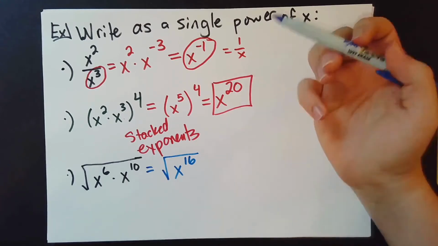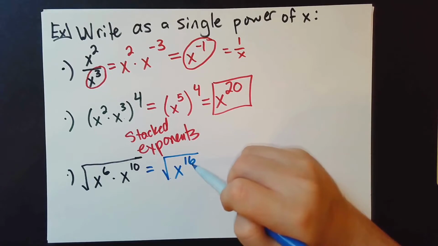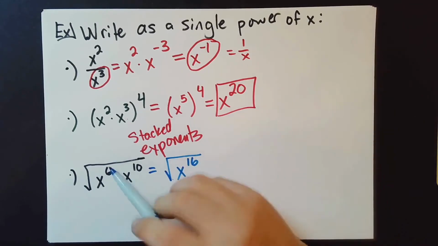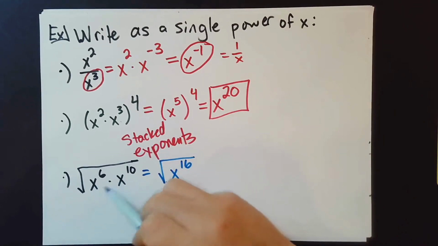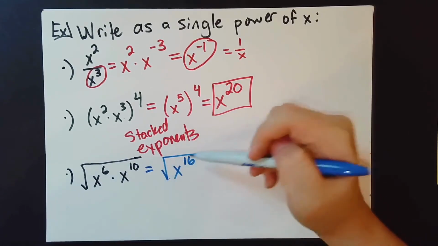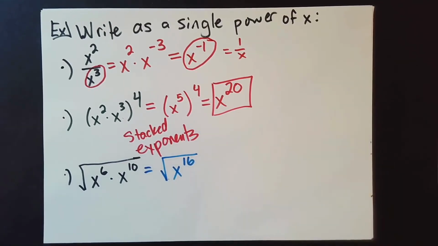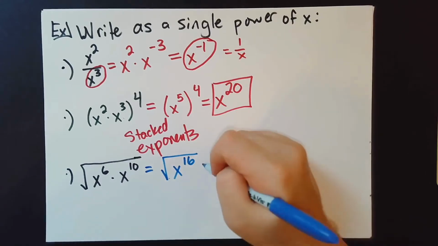But the moral here is that the operations that you see don't just pass automatically into the exponent. So here I was multiplying two things, but even though I was multiplying two things, I ended up having to add the exponents. When I go to take the square root of a power of x, I definitely don't do that by taking the square root of the thing in the power.